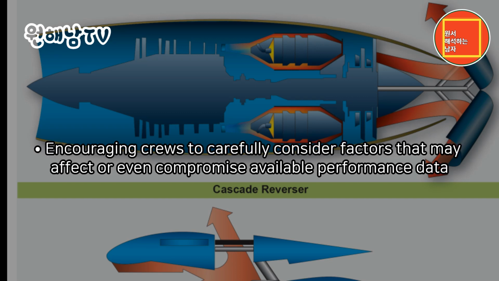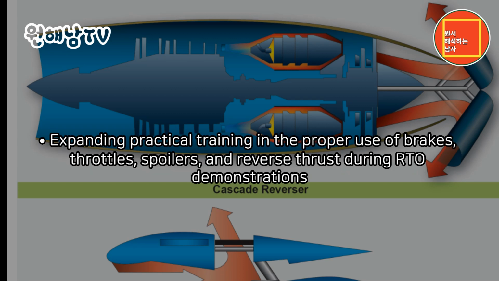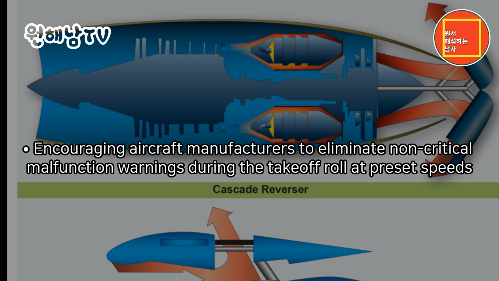Encouraging crews to carefully consider factors that may affect or even compromise available performance data. Expanding practical training in the proper use of brakes, throttles, spoilers, and reverse thrust during RTO demonstrations. Encouraging aircraft manufacturers to eliminate non-critical malfunction warnings during the takeoff roll at preset speeds.